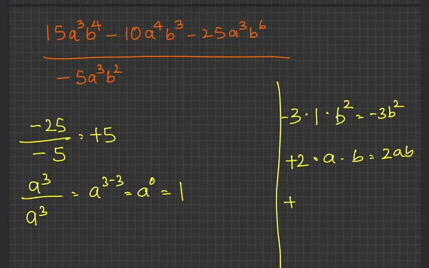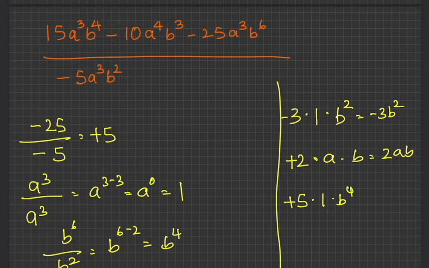So I have plus 5 times 1, and then b to the power 6 by b to the power 2 is equal to b to the power 6 minus 2, which is b to the power 4. So 5 times 1 times b to the power 4 is plus, that is understood. So it is 5b to the power 4.